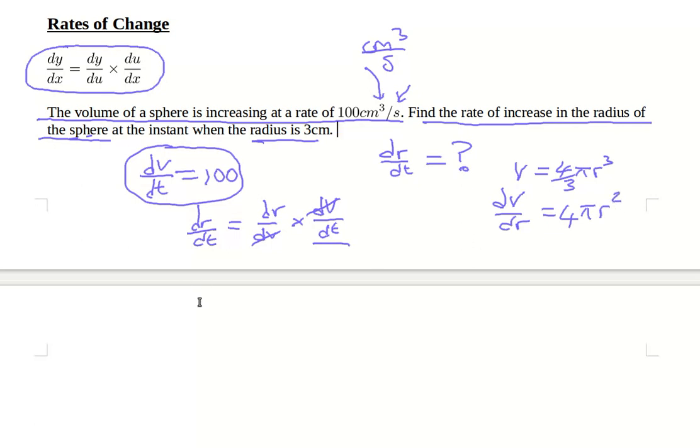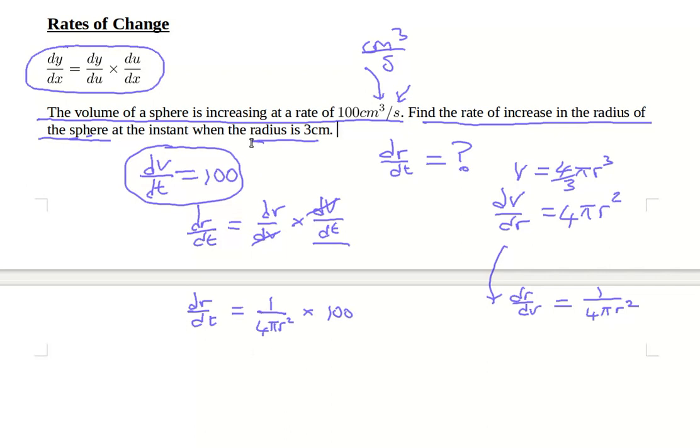That means that dr by dt, which is what I'm looking for, equals dr by dV. Now remember, according to the rules, we can just flip that and make that 1 over 4 pi r squared. That's a handy trick because these things behave just like fractions once again. So all we've got to do is 1 over 4 pi r squared and multiply that by 100.